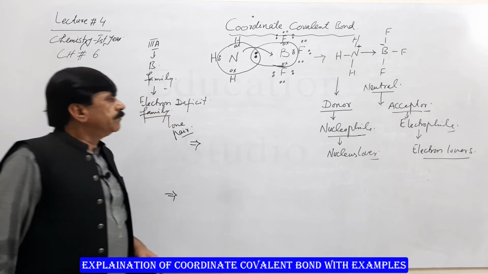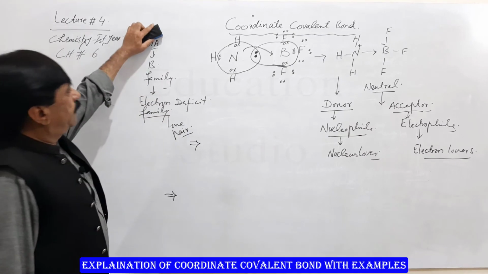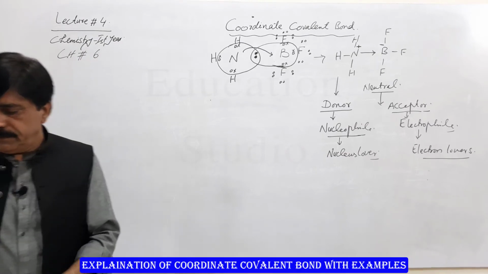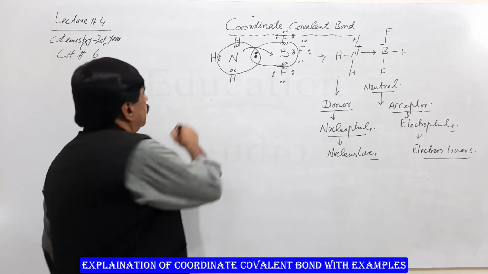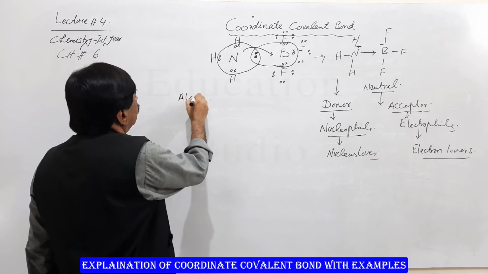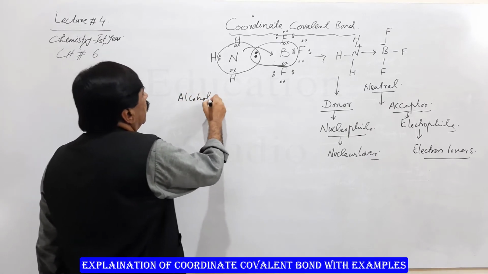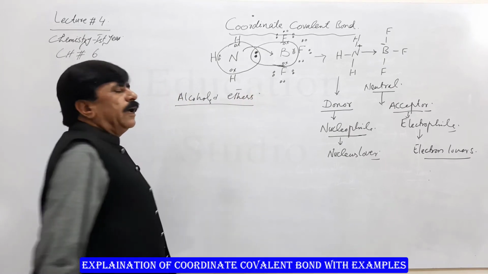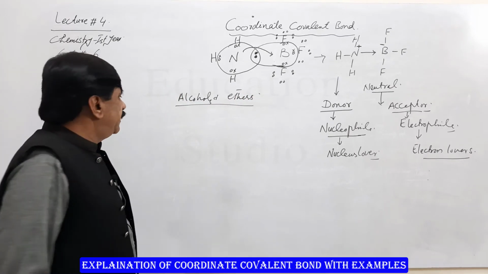Next, another example for the coordinate covalent bond is alcohols and ethers. They also form the coordinate covalent bond.